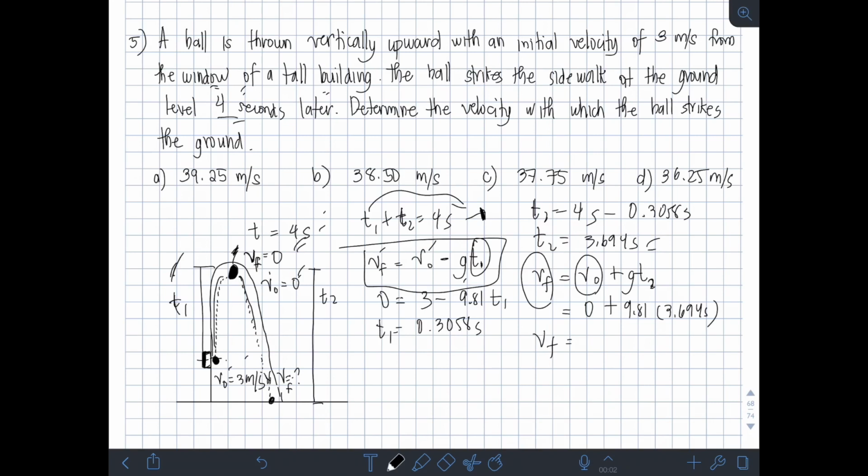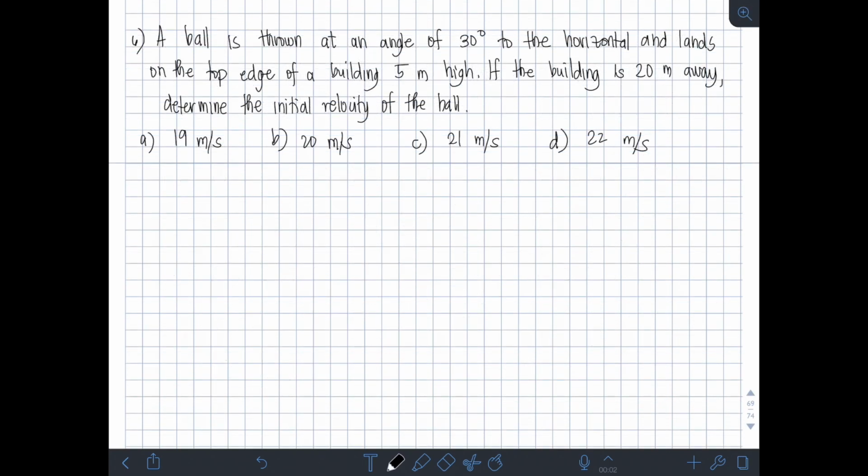So, final velocity is equal to 0 plus 9.81 times 3.694. So, ilan yan? 36.238 meter per second. So, therefore, this is the final answer. Letter D.